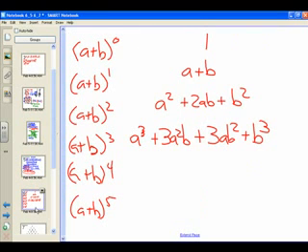We get to the next layer. I'll switch colors. I get a to the 4th, b to the 4th. They're going to be at the ends.